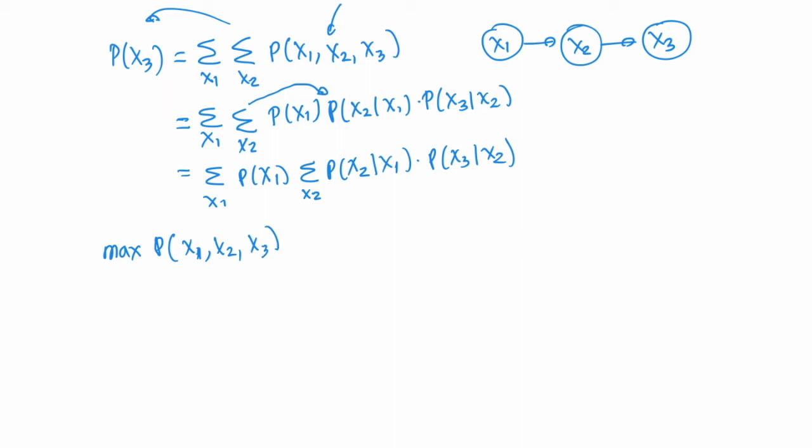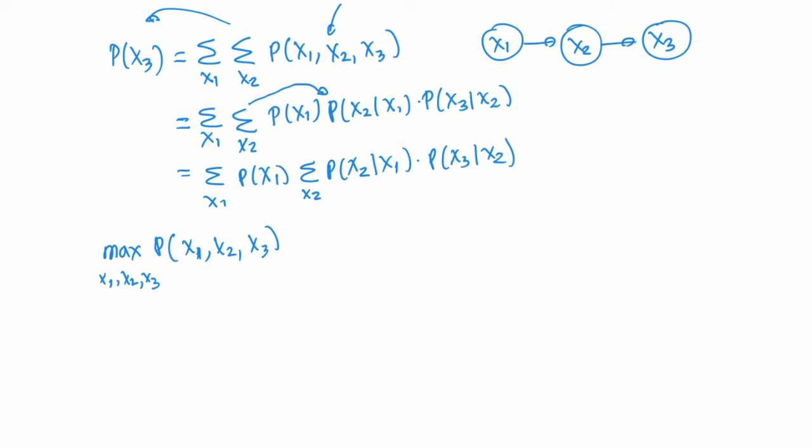So I want to find the maximum assignment, the maximum probability for this table. It's going to be the maximum over x1, x2, x3. So we're going to find the row that has the maximum value.